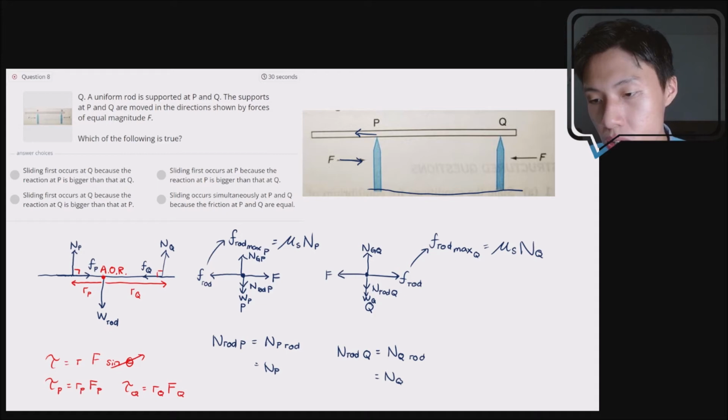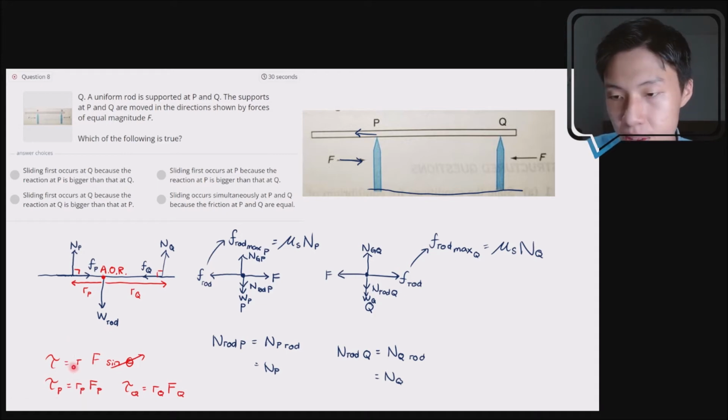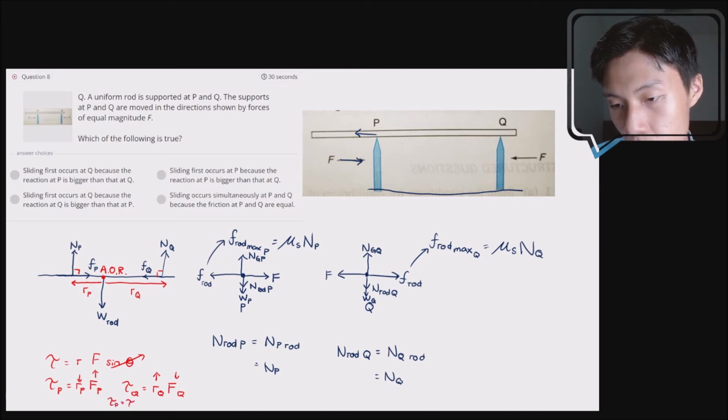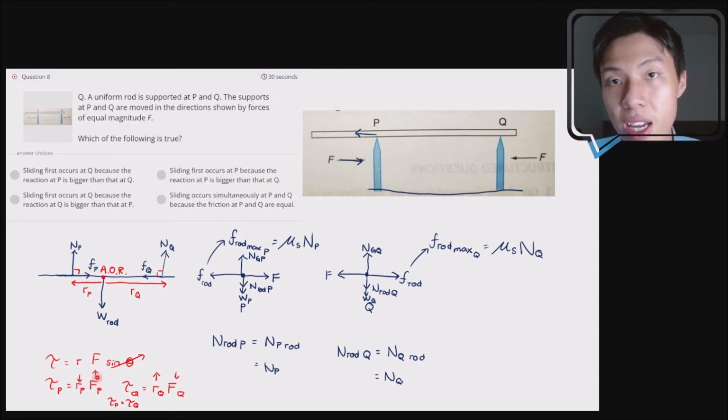RP is smaller than RQ, so if RP is smaller, you need a greater force in order to balance it. Torque P must be equal to torque Q, so if one has a greater R, it must have a smaller F, and if one has a smaller R, it must have a greater F. So the force at P will be greater, which means NP is greater than NQ.